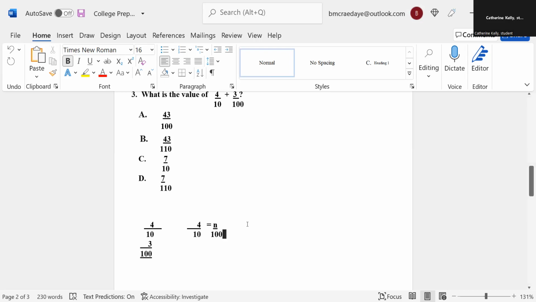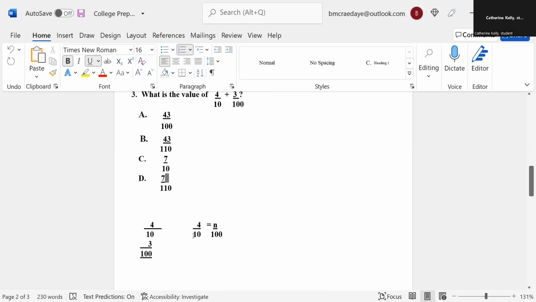For these to be equal, Catherine, what does N have to be? It'd be 6. No. Wait a minute, that's 4 over 10.